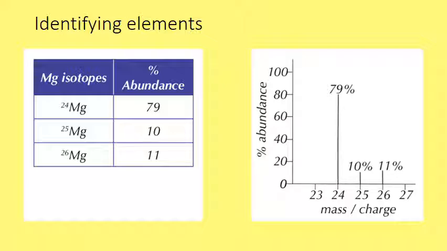So you can see that just like fingerprints are unique to an individual human and therefore are used to identify humans, well, the mass spectrum is unique to an individual element, and so they can be used to identify different elements or different molecules, in fact, in exactly the same way.